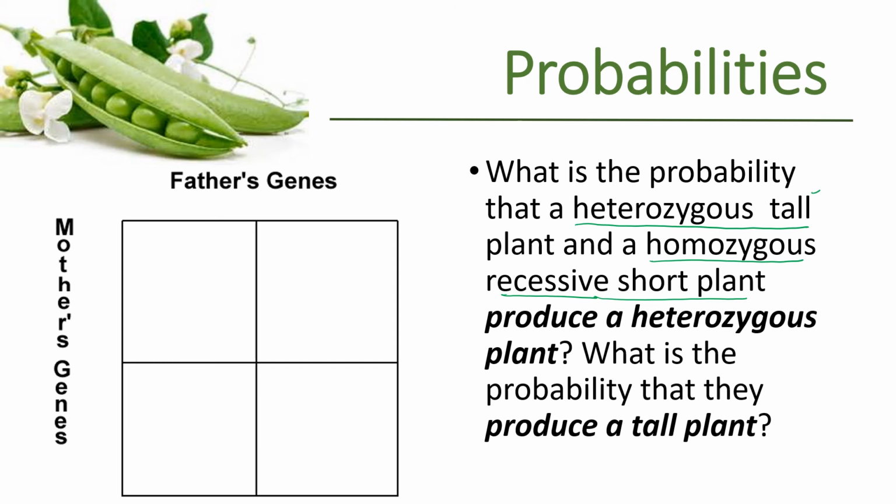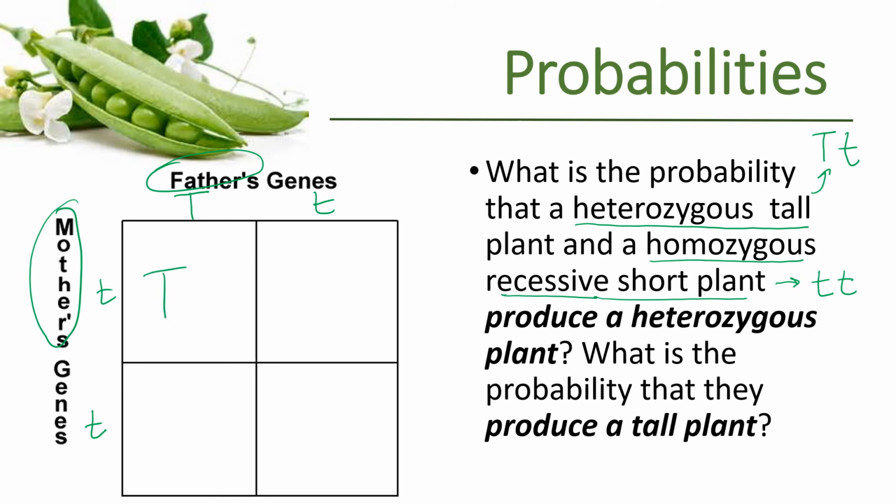So a heterozygous tall parent, heterozygous means different, so this would be a big T, little t parent. A homozygous recessive parent is the same for the recessive allele, so that means 2 little t's. It doesn't matter which parent it goes on here, the mother or the father. This is just trying to get through your head that you get 1 set from each parent.